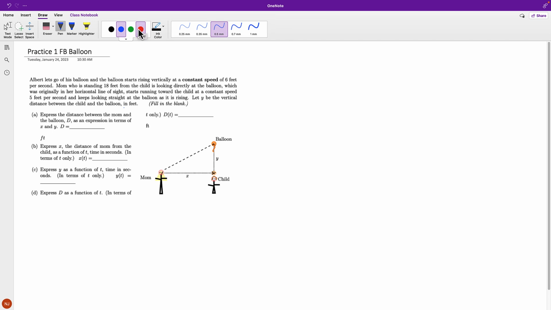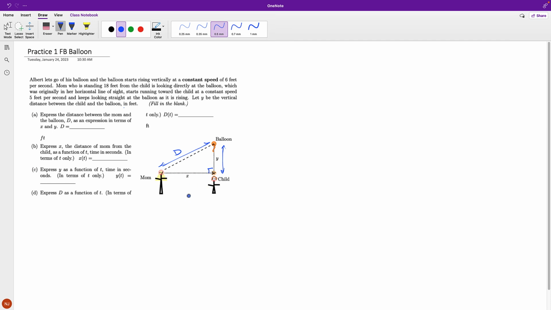Let y be the vertical distance between the child and the balloon, so that's y. And in feet, now express the distance between mom and the balloon, d, as an expression in terms of x and y. So this is between mom and balloon, that's d, and I can see that this is basically a vertical between the x distance and y distance.